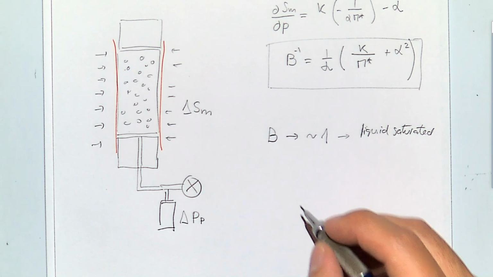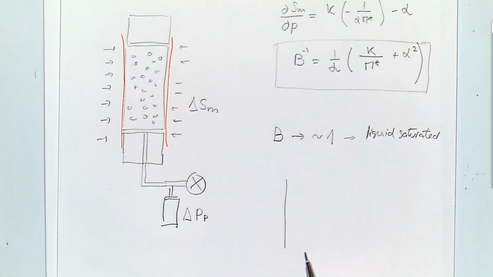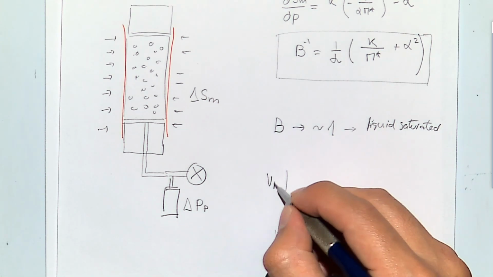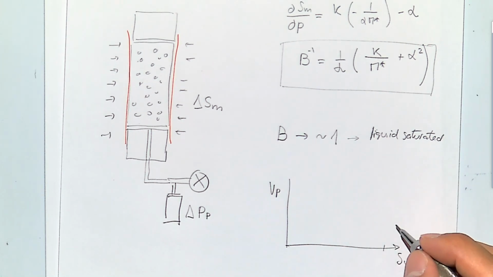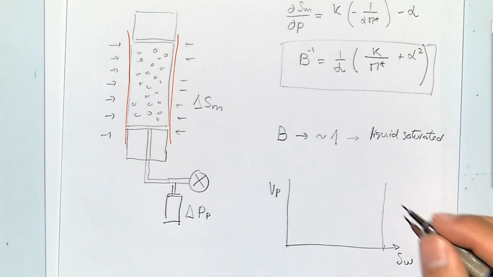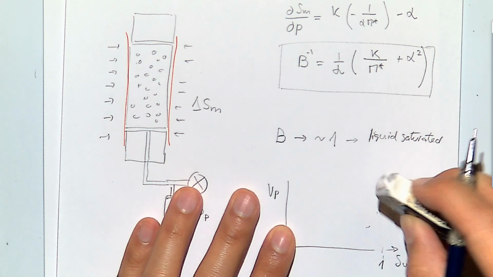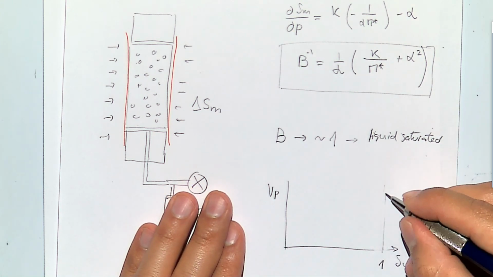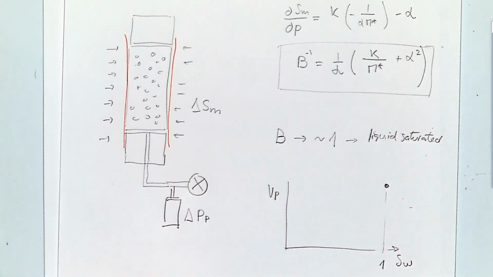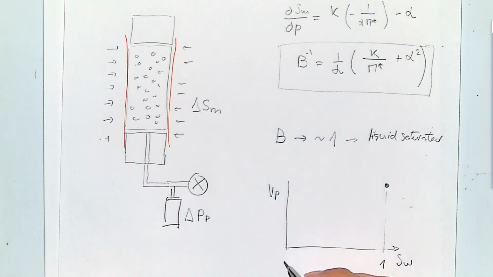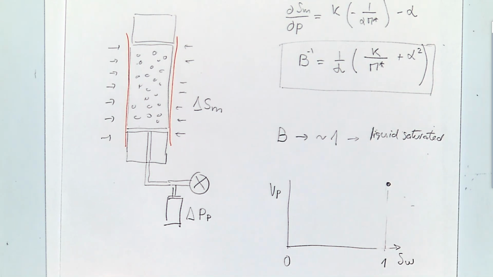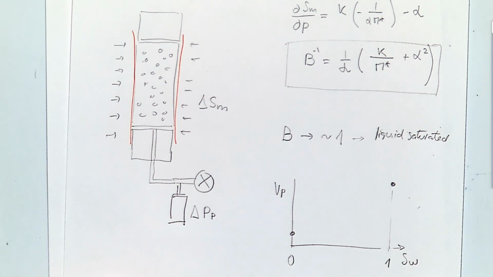Let me just finish that. So, for example, if you have, let's imagine just water saturation, and this is P wave velocity for 100% saturation, it might be some value over here. For 0% saturation, it might be some value over there.